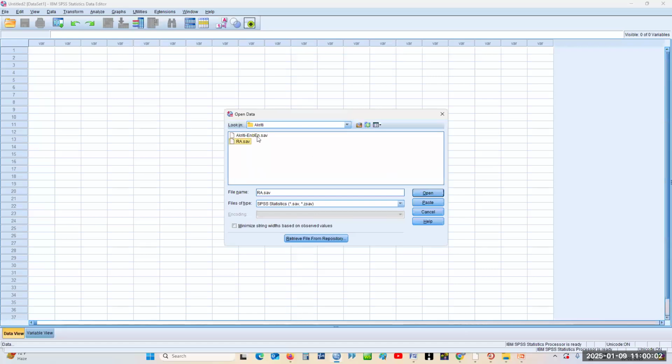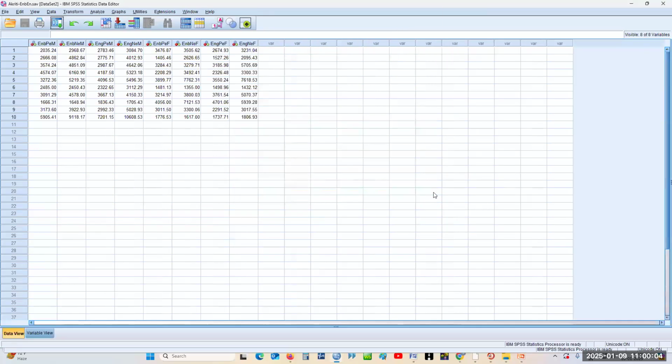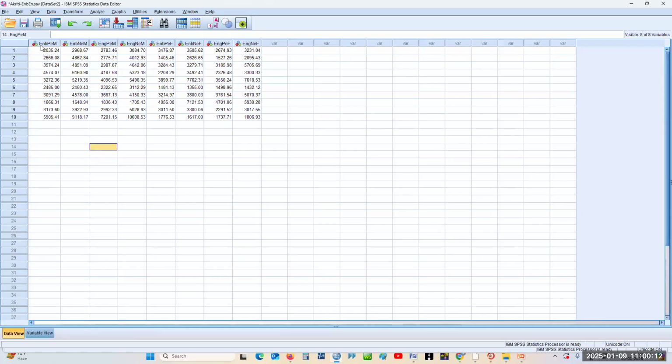Okay, so we have done this behavioral experiment. We have one variable, environment, and another variable, energy. We have ENB, which is environment, and ENG, which is energy.